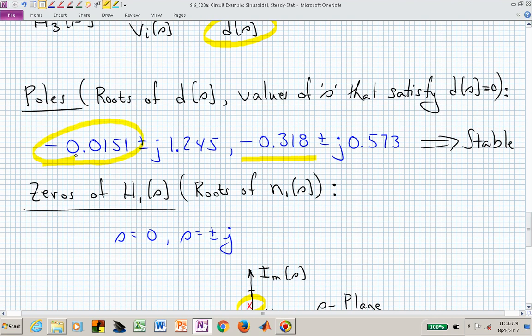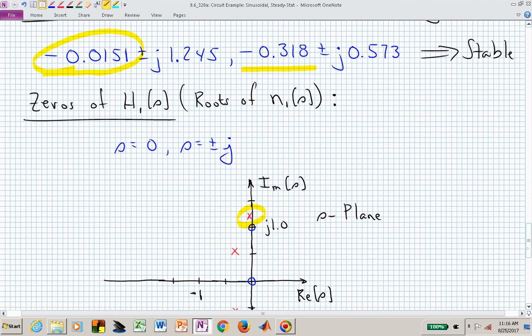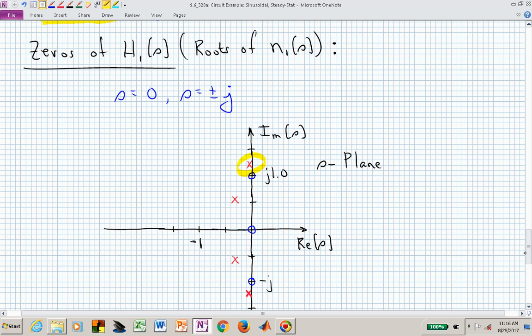This particular e to the minus 0.015 t will determine the dominant behavior of the system dynamic, or the transients. So we'll have to wait 5 of those time constants, and that's going to be a fairly long time because that is now, in electrical terms, that one's very close to the imaginary axis.